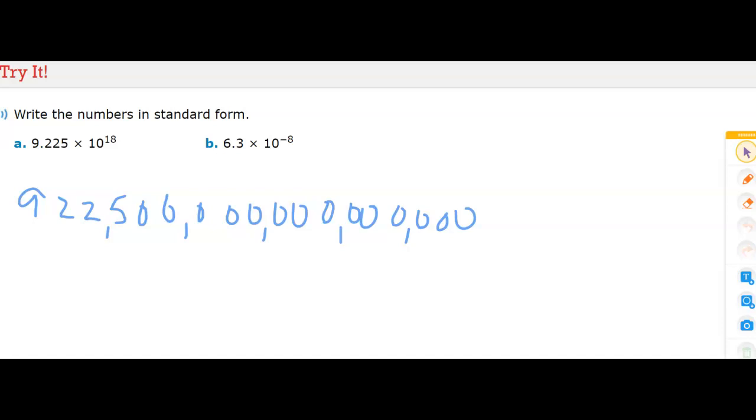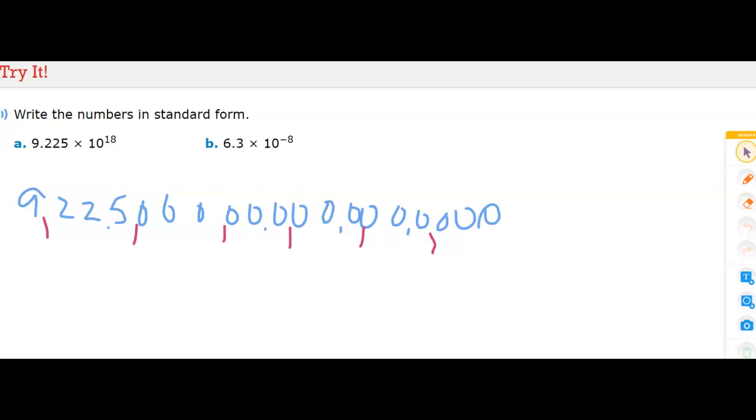Okay, it should be 18, not including the 9. So let me erase the commas and add another 0. So now let me just choose a different color. My comma should be here, here, here, here, here, and here. So that will be the standard form for part A.